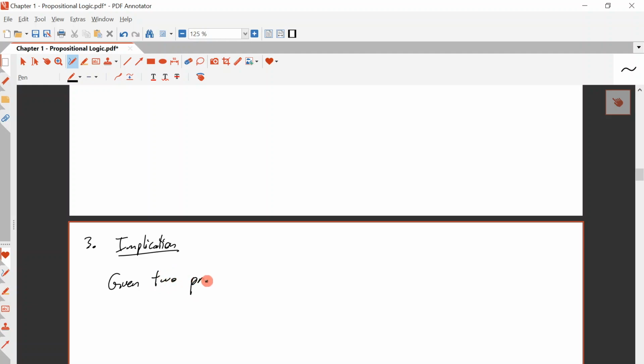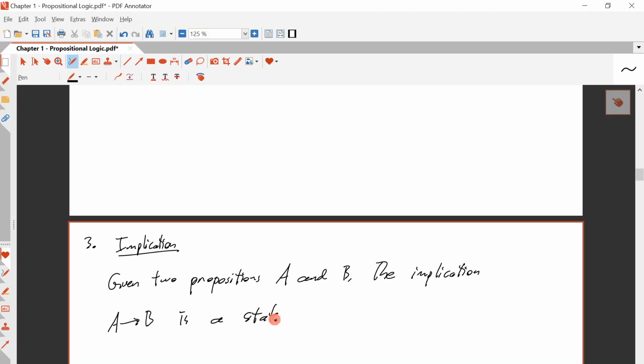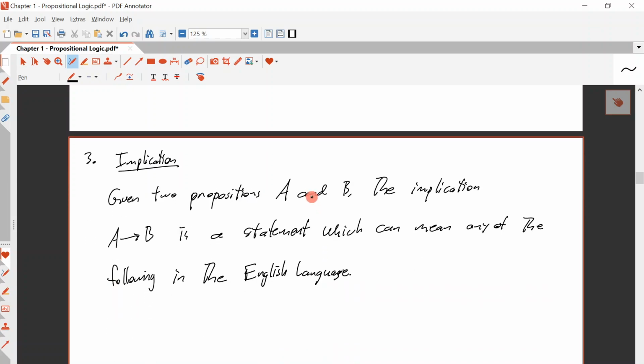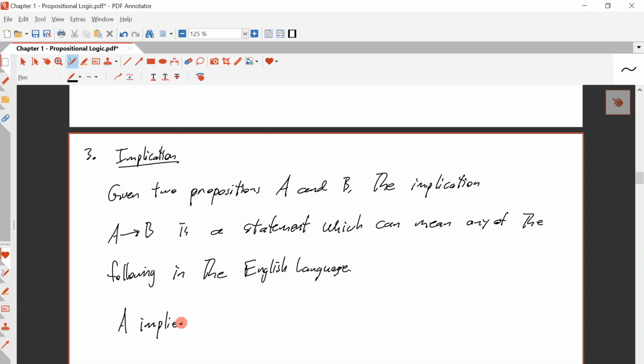Given 2 propositions A and B, the implication A implies B is a statement which can mean any of the following in the English language. A implies B. If A, then B.